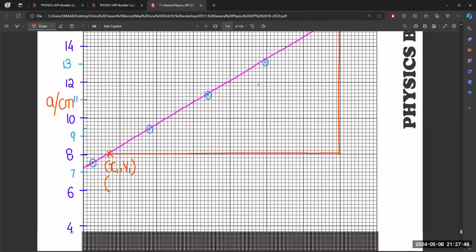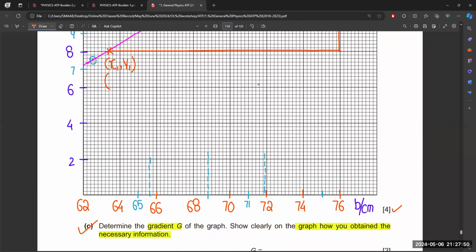On x1 it is equal to this line, 63.4, and on y1 it is 8.